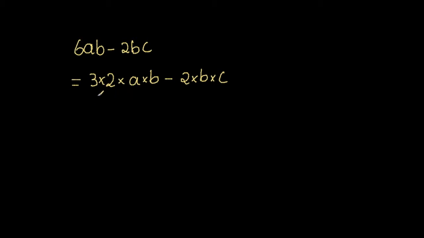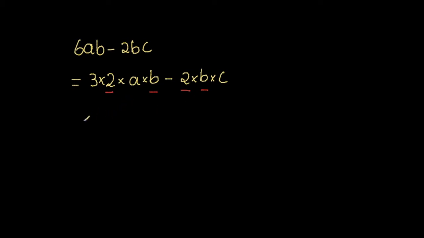Now let's look at the factors that are in common between both of these expressions. Let's switch colors and highlight what's in common. I see a 2 here and a 2 here, so that's one thing in common. I see a b over here and a b over here, so that is another thing. And that's it.